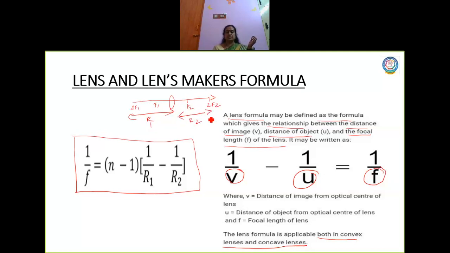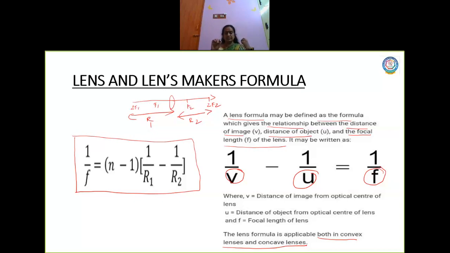That is radius of curvature in singular. When I say radii of curvature, we talk about a lens which has two radii of curvature. So those who make lenses should have knowledge of the radii of curvature of the lens.